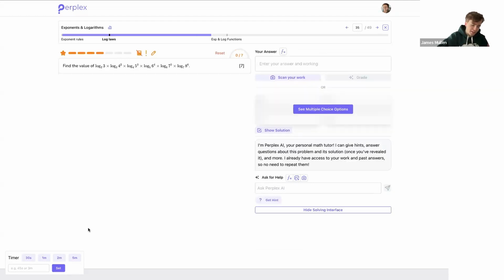All right, now we have a harder question where we have a chain of logs. We have log base 2 of 3 times log base 3 of 4 squared, etc., up to log base 7 of 8 to the power of 6. Okay, so we're going to start by taking out all of those constants.